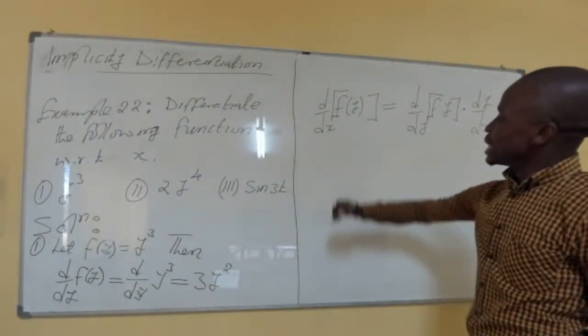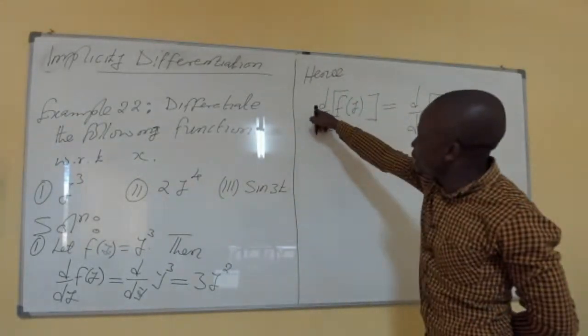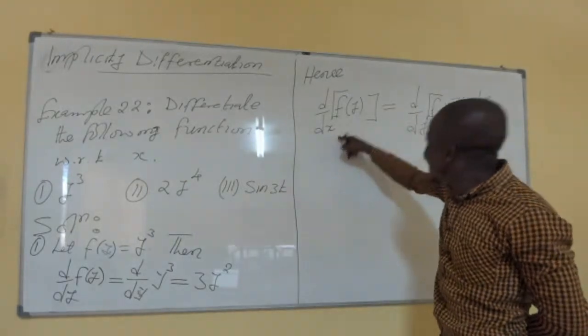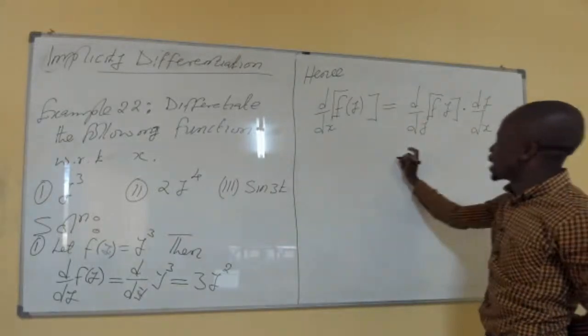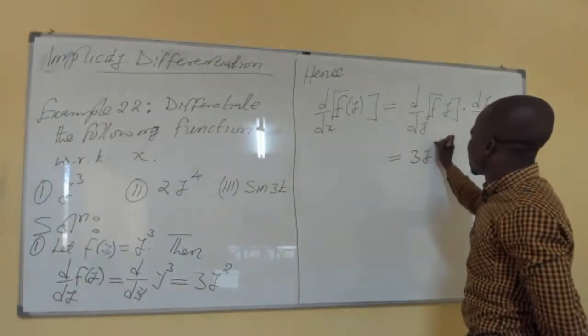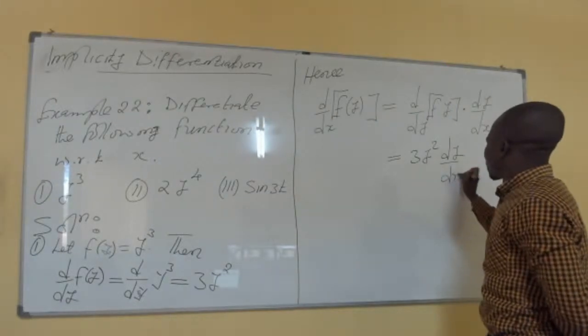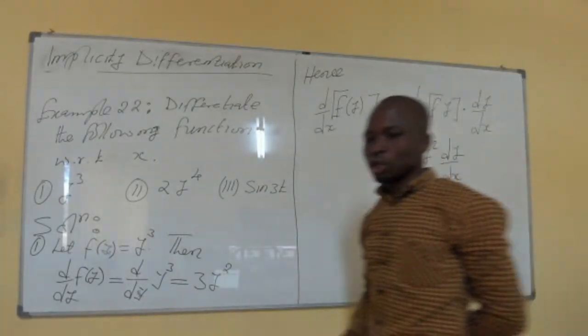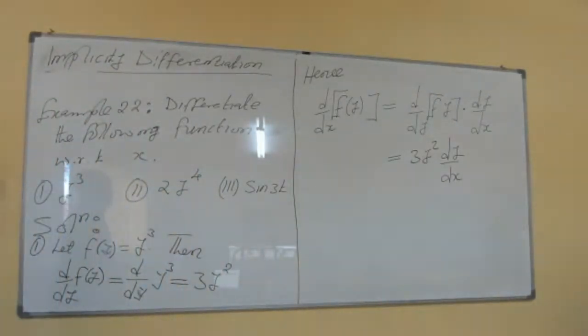Hence, the derivative of f of y with respect to x is 3y squared multiplied by the derivative of y with respect to x. So you have differentiated this function of y implicitly, and you don't need to go any further; you just end there.